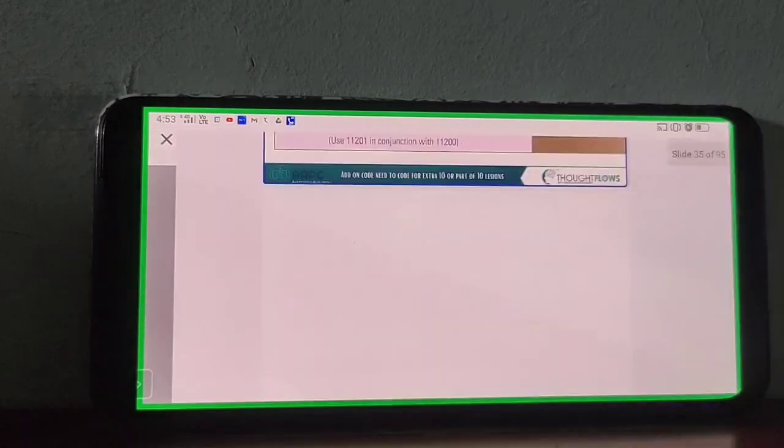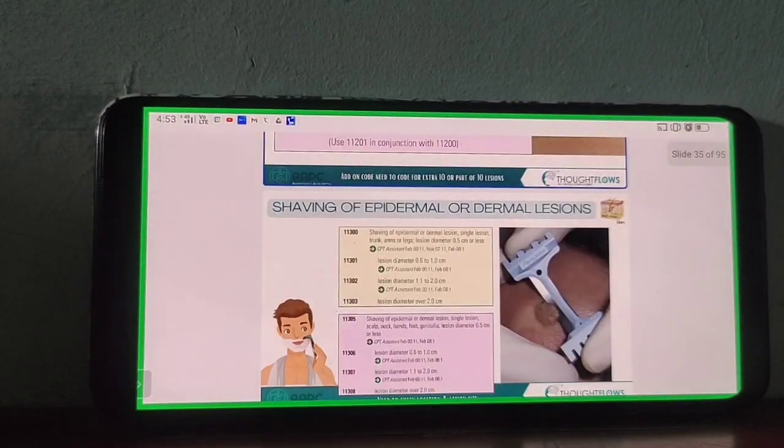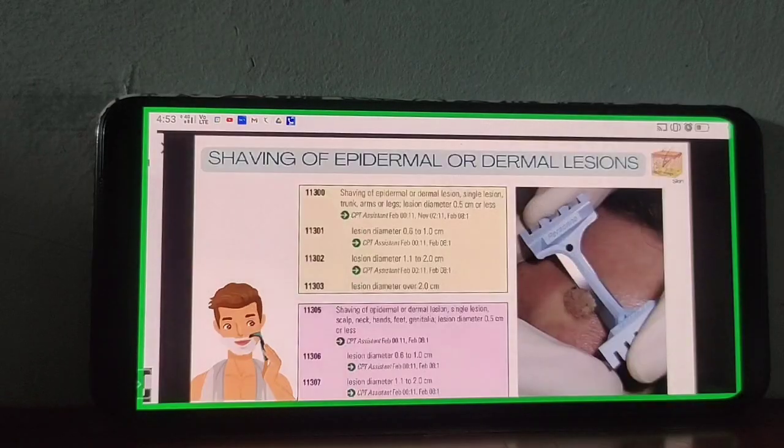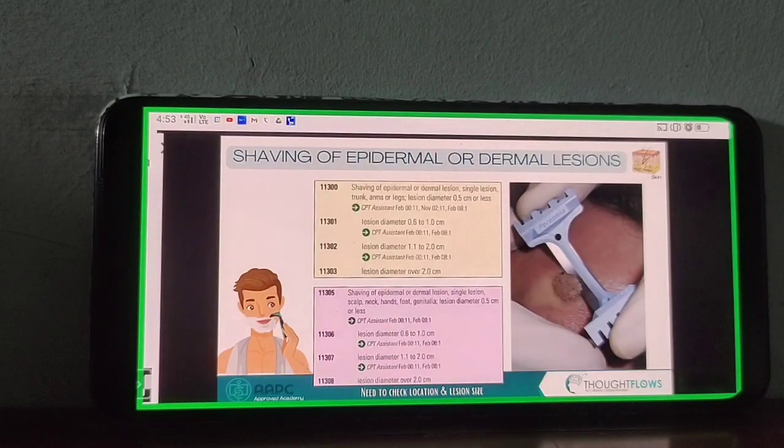Now please listen. Before that, take a note of a very, very important concept. Use a highlighter to highlight the words.